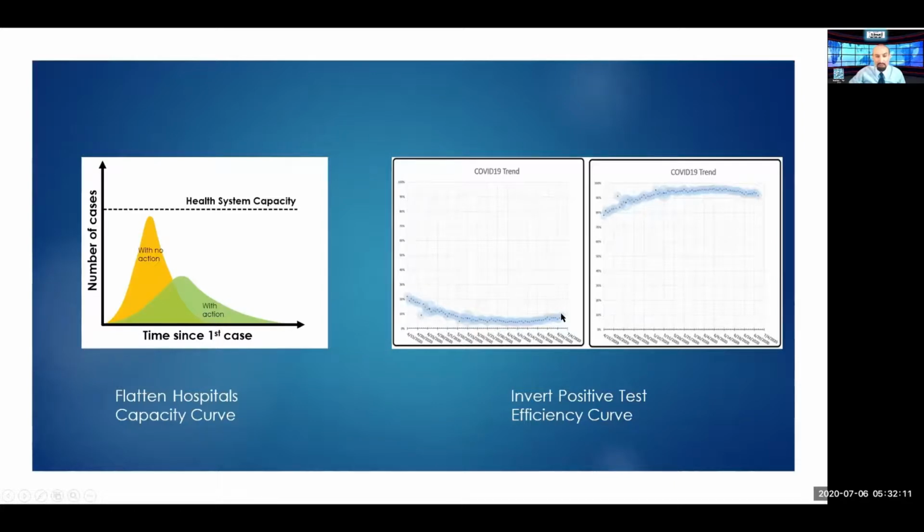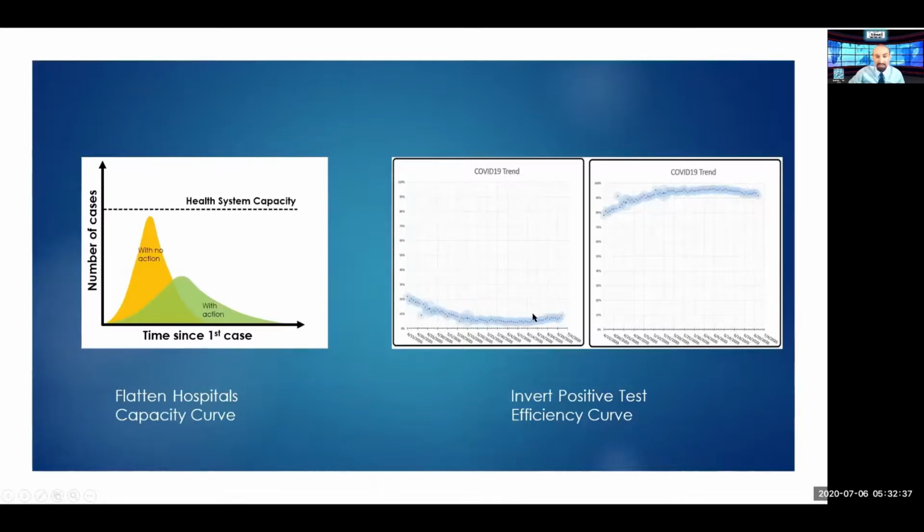So in order to really be effective in combating the pandemic, we need to convert the curve for the positive efficiency from 10% on average to 90% on average. By doing that, we invert the curve. And when we do so, we increase the testing efficiency by a factor of 9.